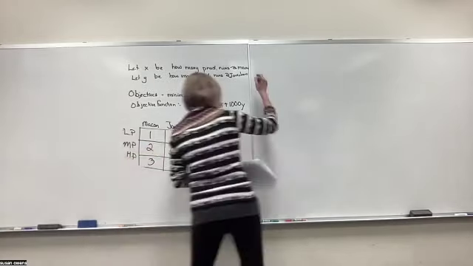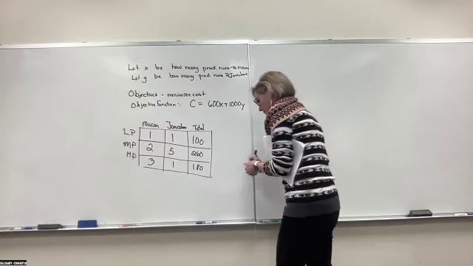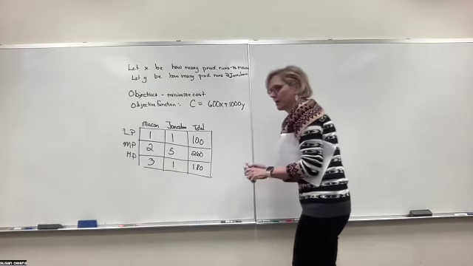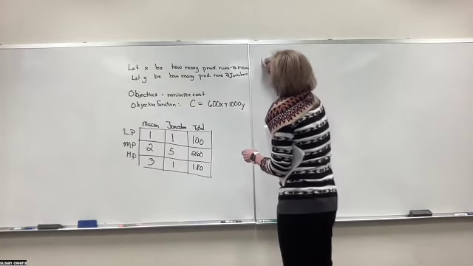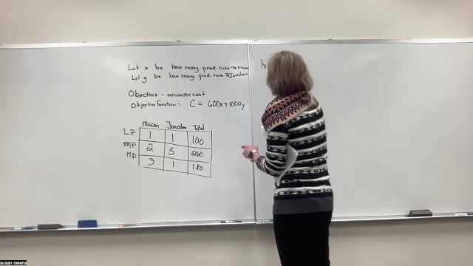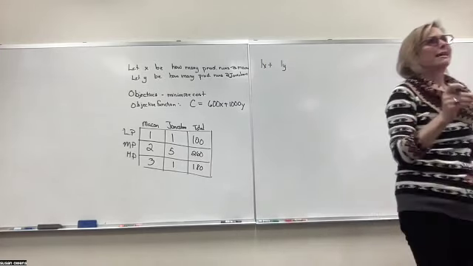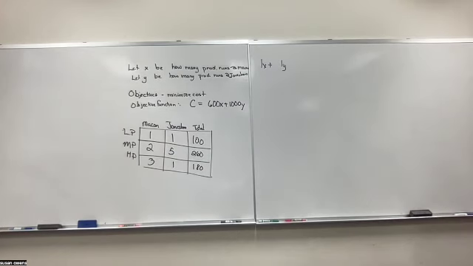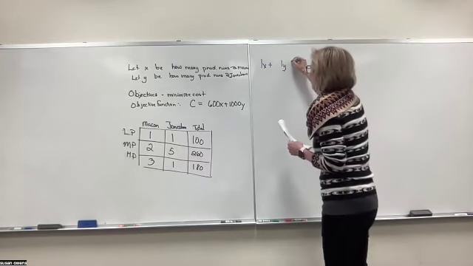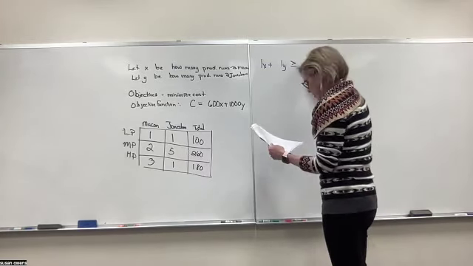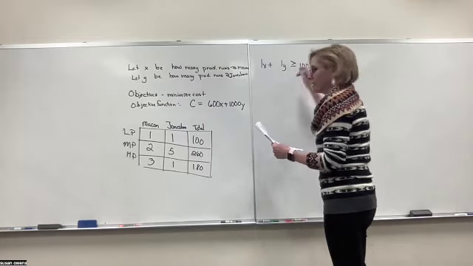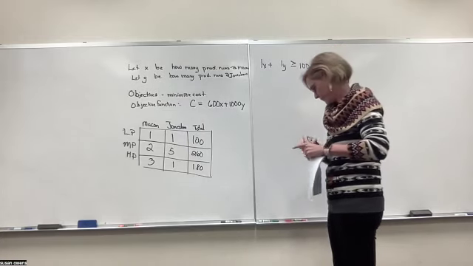I'm just going to do it here. And this is where I start color coding, for my graphing. So 1x plus 1y. Now, if the customer needs this much, can he have less than it? No, he has to have that much. Can he have more than that? Yes. So this is now greater than or equal to 100. Okay.